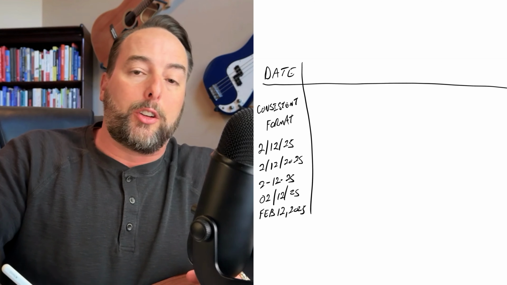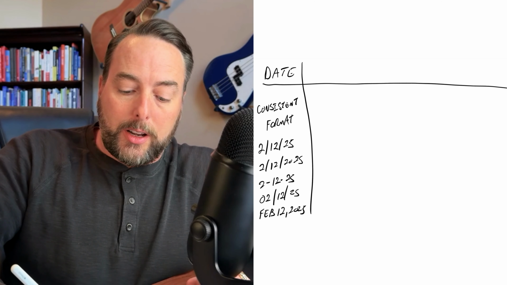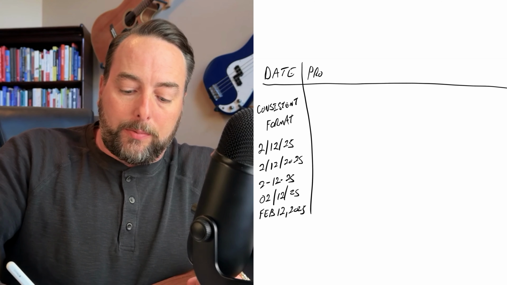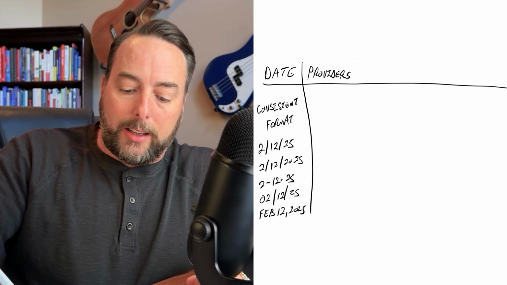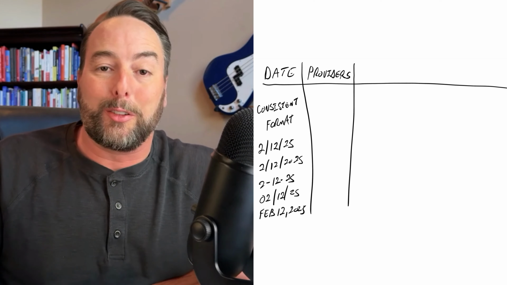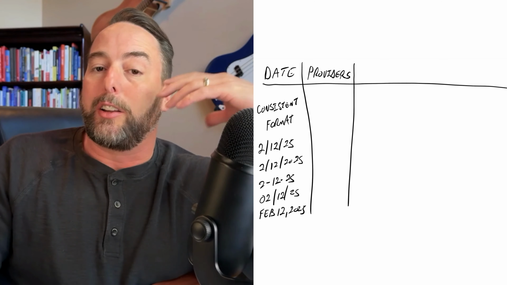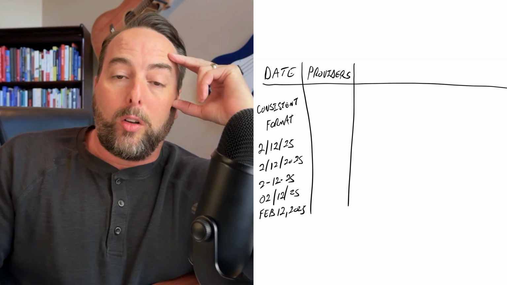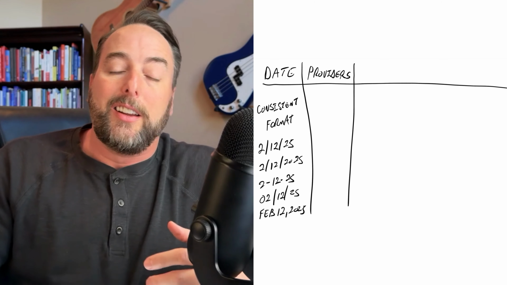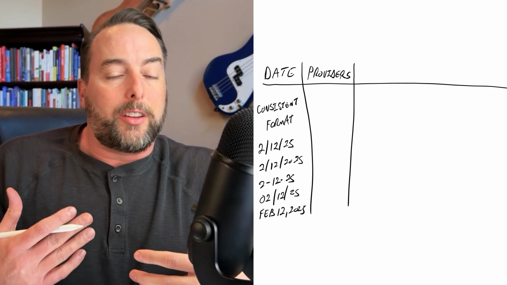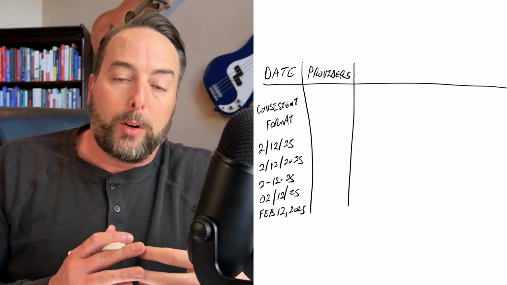The second thing that should go into a great chronology is going to be the providers. Who took care of the client, as we call them in legal nurse consulting, during this particular encounter? And it doesn't have to be all of them. If you watch my other video about how to know what's relevant, not all providers are relevant to the case. So pick the ones that are most relevant to the case.